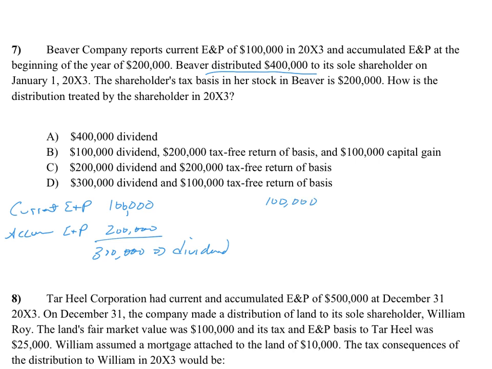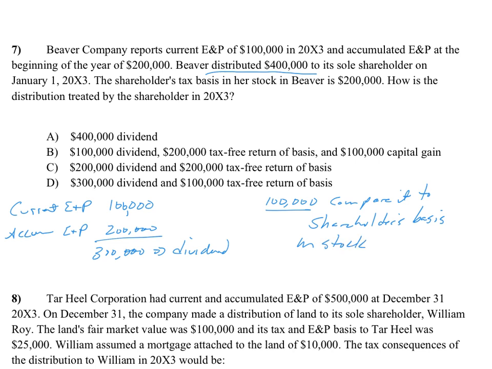That other 100,000 is what? Well, your first option is for it to be a tax-free return of basis, assuming that there is enough basis in the stock. And so we've got this $100,000, so we need to compare it to a shareholder's basis in stock.